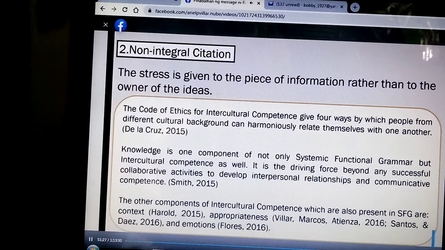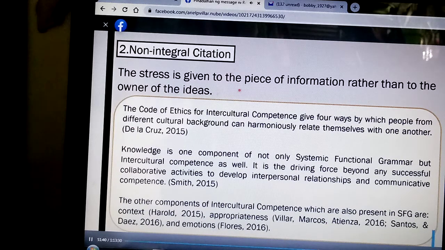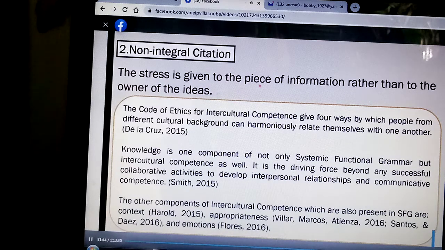So, this will be our second style. Okay? So, the non-integral citation. If the integral citation, ma'am and sir, is usually found at the beginning of the paragraph, in the non-integral citation you see that the author and the year is usually at the ending part of the paragraph.